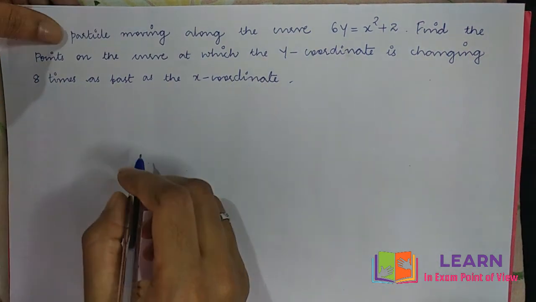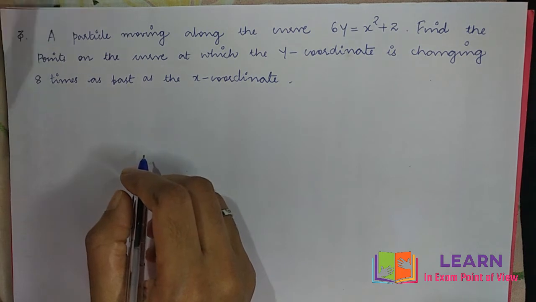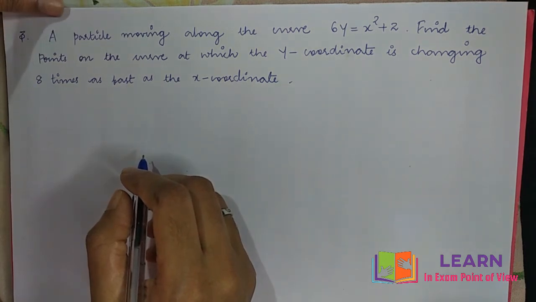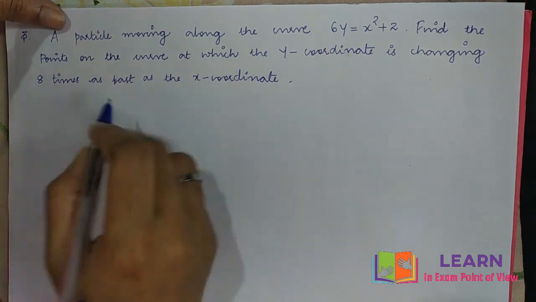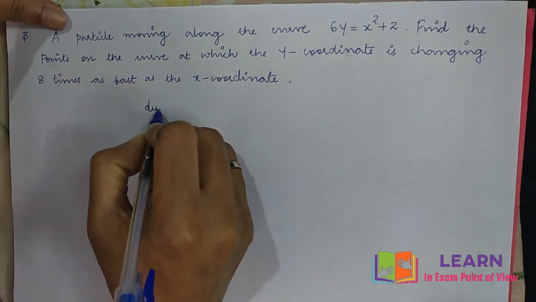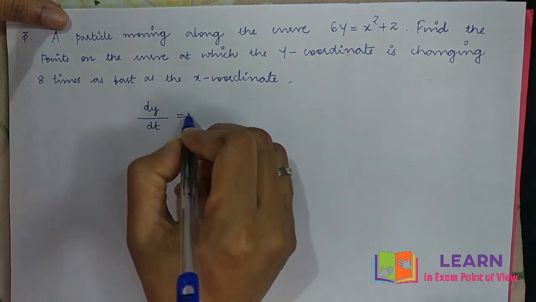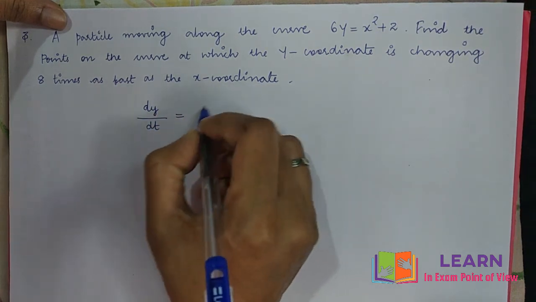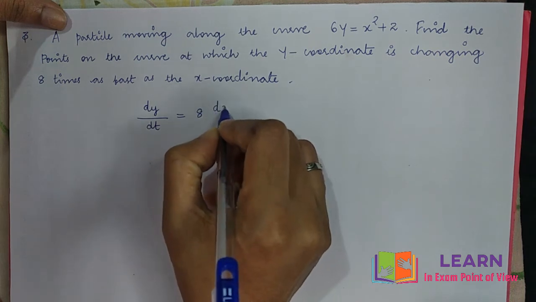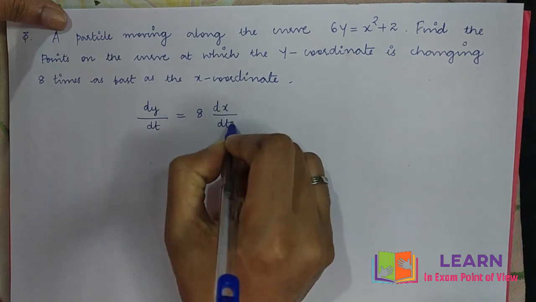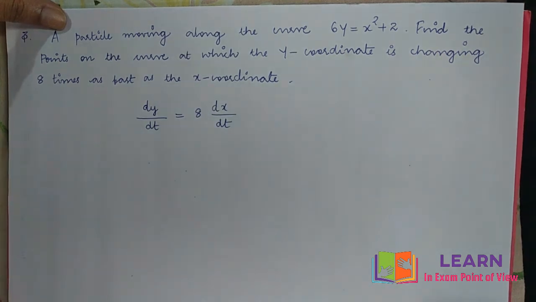So what is that relation? dy by dt, the y coordinate, is 8 times as fast as the x coordinate, so 8 into dx by dt. This is the relation given in the question.